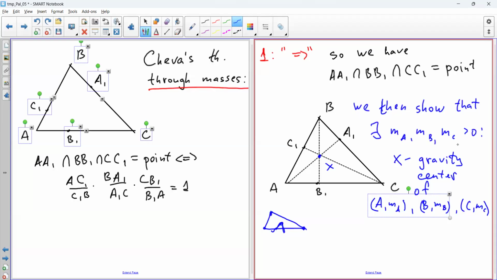How do we do this? Actually, quite easily. We should study how to do that just for one vertex, just along one segment.